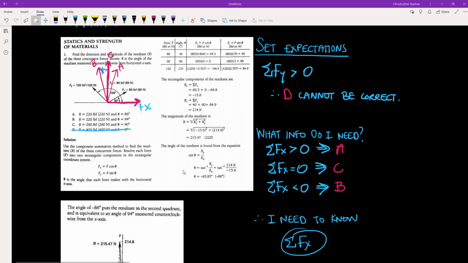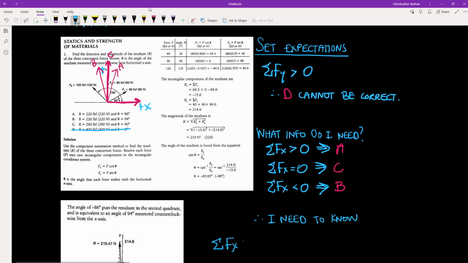So let's look at our sum of forces in the x direction. So starting with F1, we have cosine 30 degrees times 80 pound force. And it's cosine, again, because we complete the triangle here. This is the adjacent side that we want.